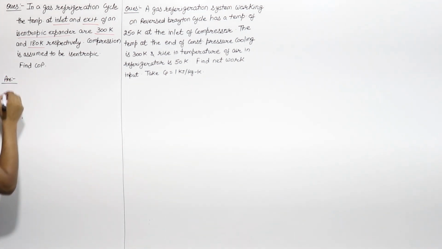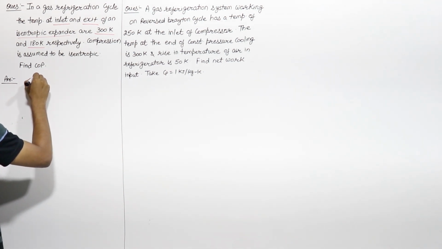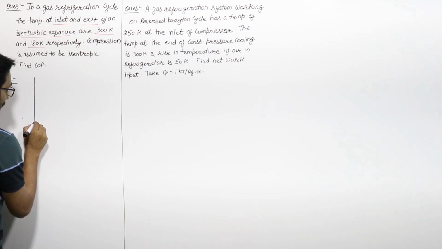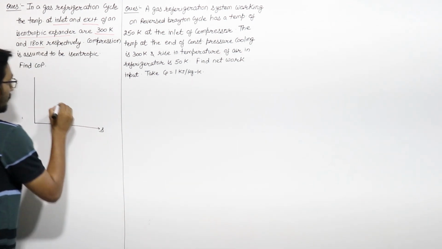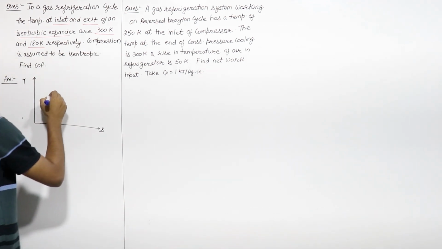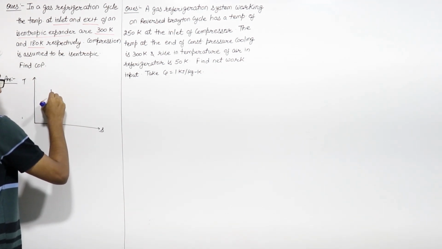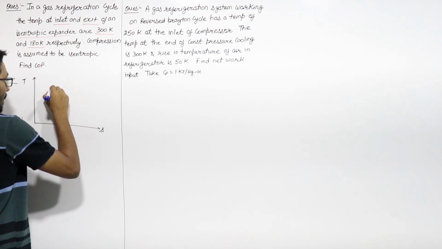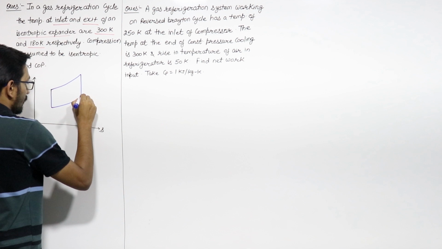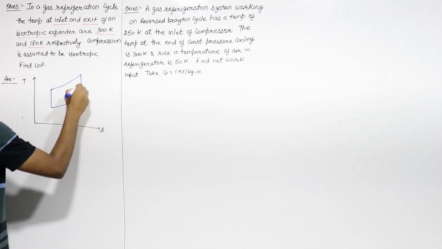Let us make a small TS diagram so that you will understand better. Suppose this is a TS diagram for the reversed Brayton cycle. This is the TS diagram.